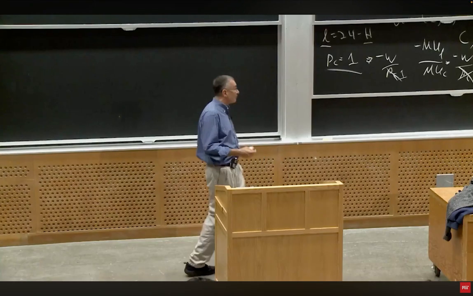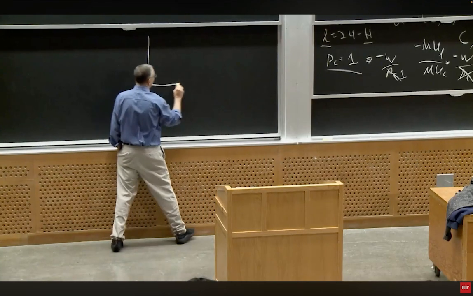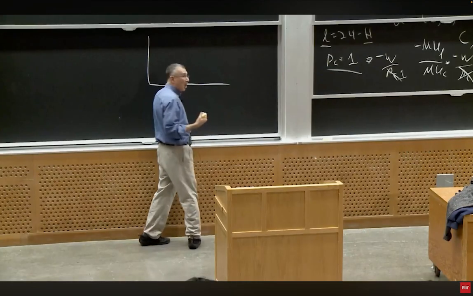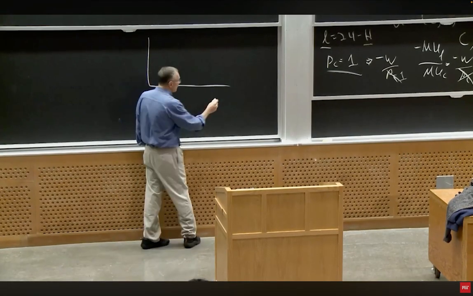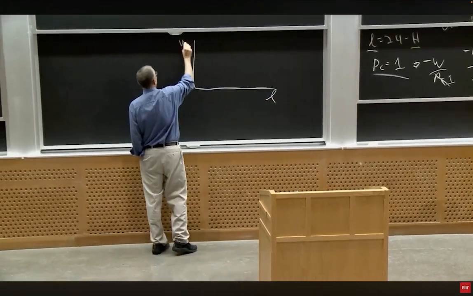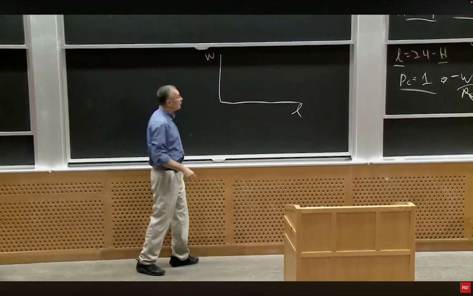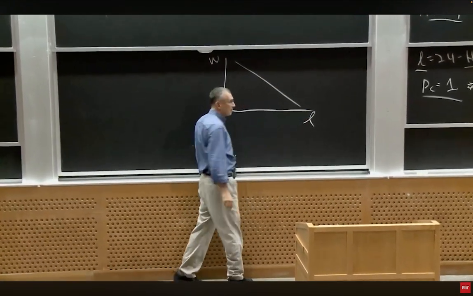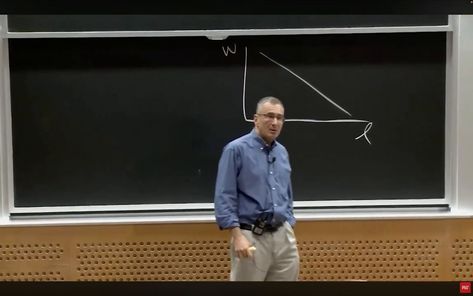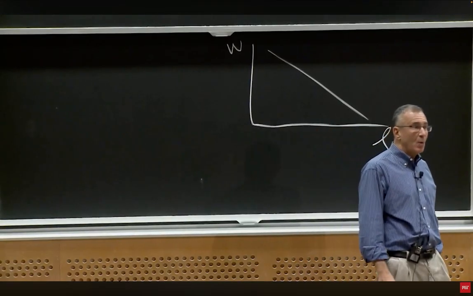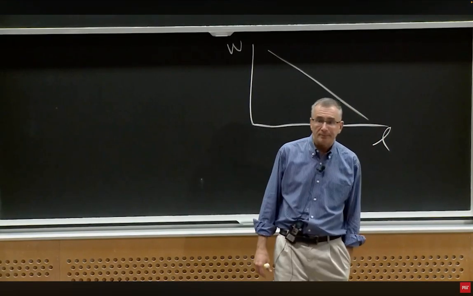Demand curve slopes down, right? I put the handout up, but if you've got a leisure demand curve, where here's the amount of leisure, and here's the price of leisure, which is the wage, then it slopes down. Basically, the higher the wage, the less leisure you want.